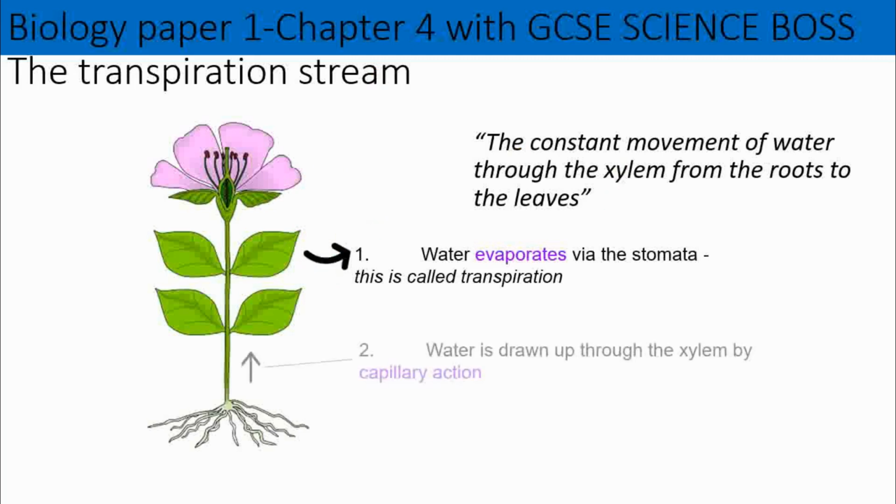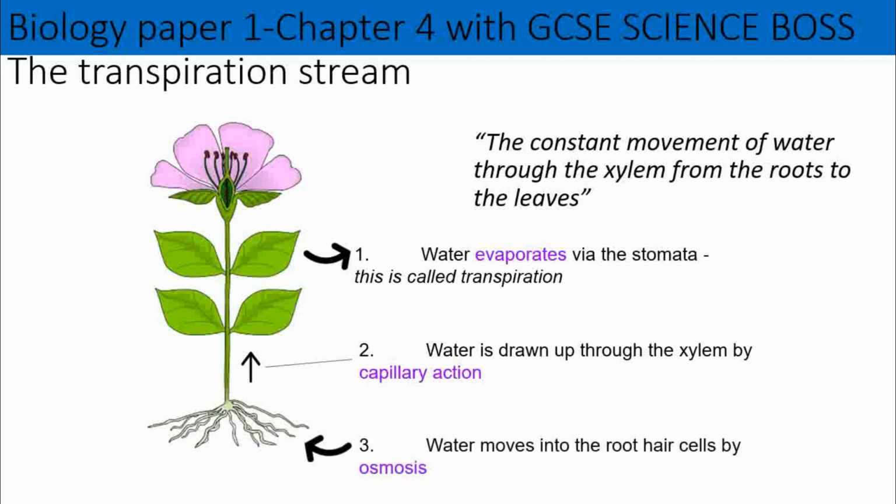That then pulls the water up. That water is then pulled up by capillary action. And when that happens, water then moves into the root hair cells via osmosis. And that stream just continues. Okay, good. So as the water is lost here, it's then pulled here, which then pulls the water here. So it's that constant pull of water.